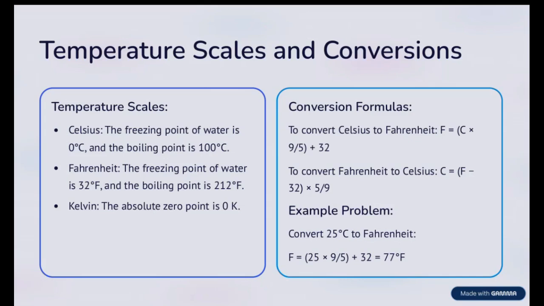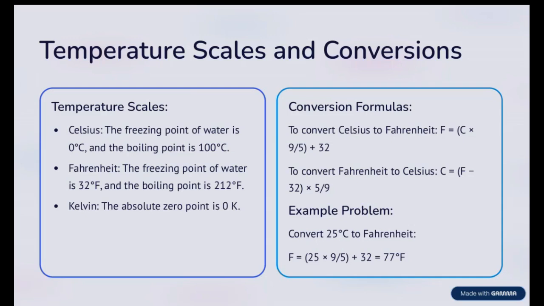Okay. So if you want to change from Celsius to Kelvin, just take the Celsius measurement they gave you and add 273 to it. It will give you the measurement in Kelvin. If they give you Kelvin and ask you to change it to Celsius, just subtract 273 from that reading. You will get the Celsius reading.